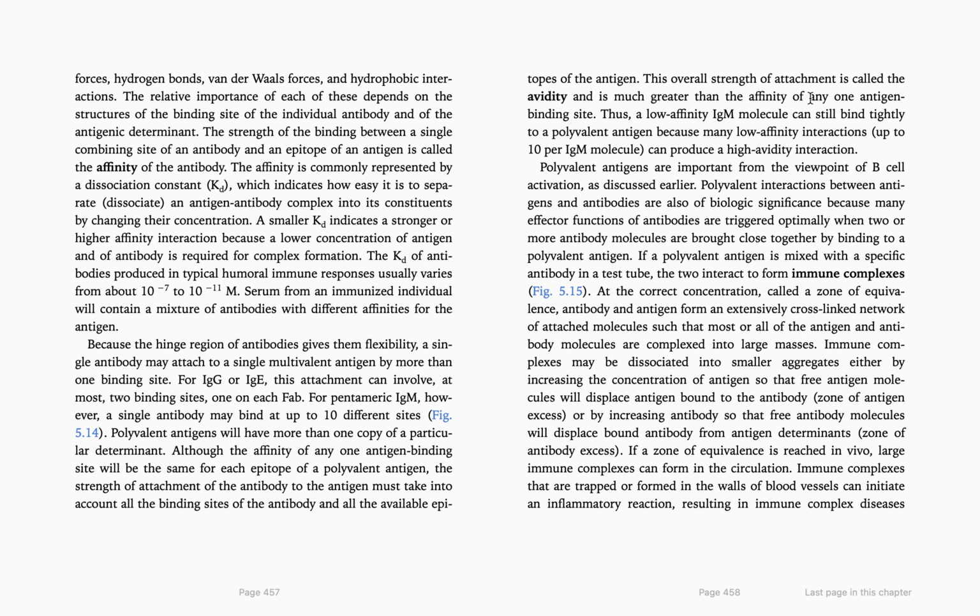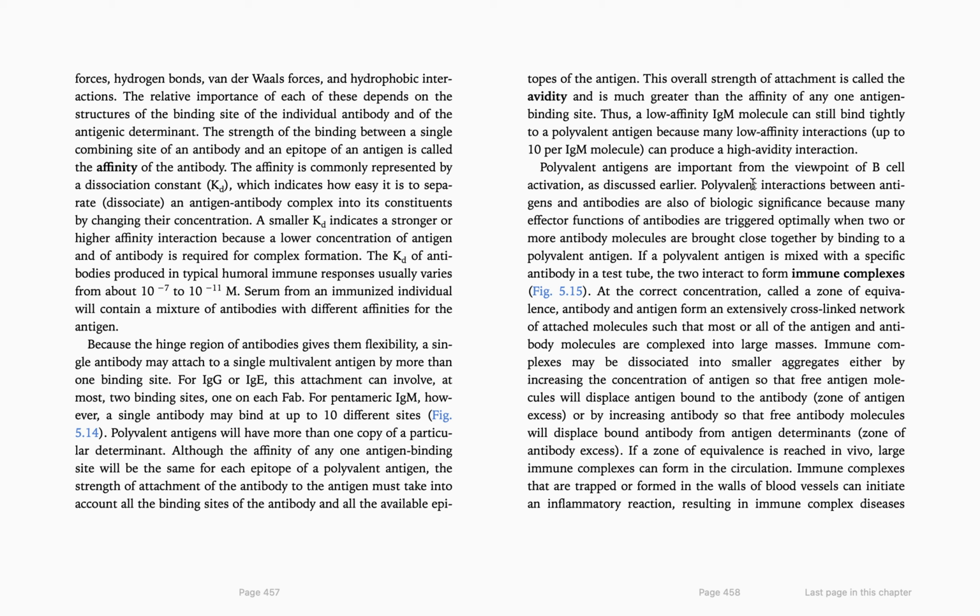This overall strength of attachment is called avidity and is much greater than the affinity of any one antigen binding site. Thus, a low affinity IgM molecule can still bind tightly to a polyvalent antigen because many low affinity interactions, up to 10 per IgM molecule, can produce a high avidity interaction.